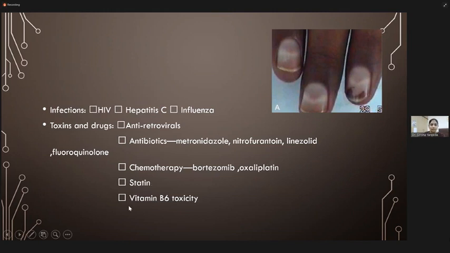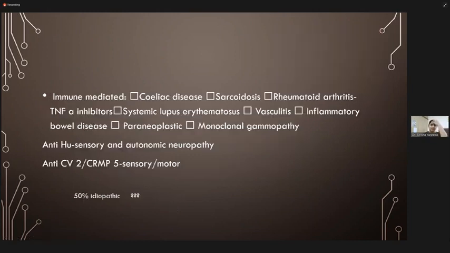Statins are also known to cause some small fiber neuropathy, and vitamin B6 toxicity. Though it causes ganglionopathy, it can also cause some sensory neuropathy in doses more than 100 mg per day, which is used in case of refractory seizures. The other immune-mediated diseases: I told about a patient who had Sjogren's. Similarly, sarcoid, rheumatoid arthritis, particularly if they are on TNF-alpha inhibitors.